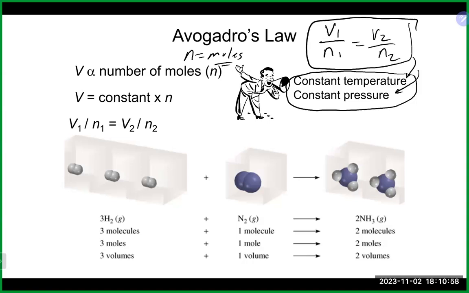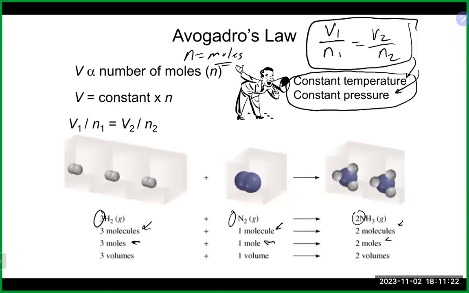If you remember, we could do stoichiometry from an equation by looking at the coefficients. Those coefficients represent either the molecules, or as we saw with stoichiometry, really the moles of everything. But if you have constant temperature and constant pressure and all the substances are gases, you could actually do stoichiometry with volumes.